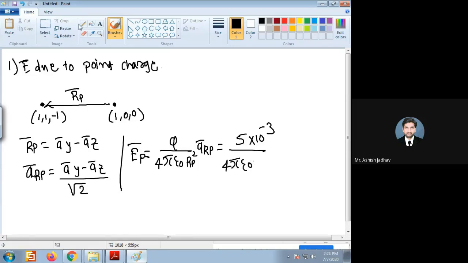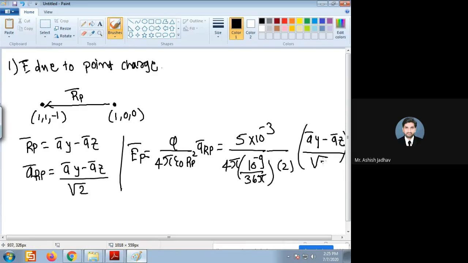The value of epsilon naught is 10 raised to minus 9 upon 36 pi. Right? And this magnitude is 2. So get it multiplied by the unit vector, which is (A bar Y minus A bar Z) divided by under root 2.